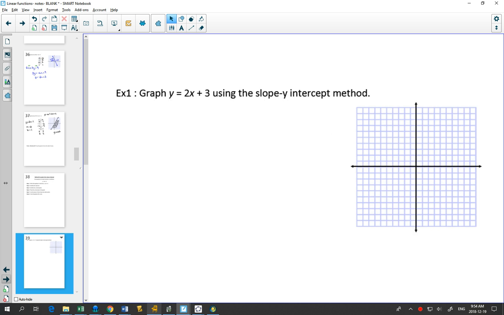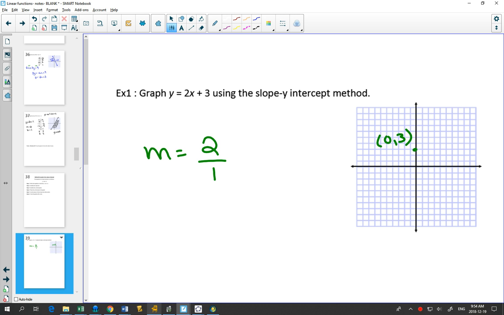This is in y equals mx plus b form. So I already know my y-intercept is at 0, 3. And I know that my slope is 2, which I can write as a fraction, 2 over 1.